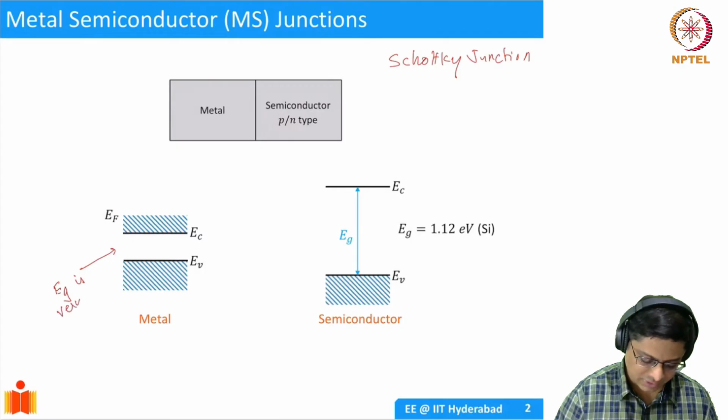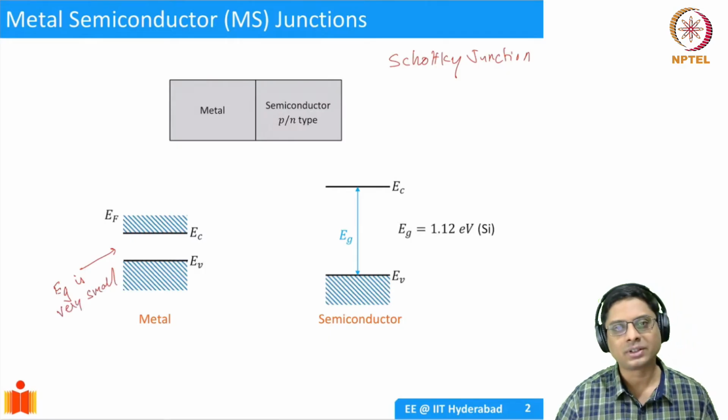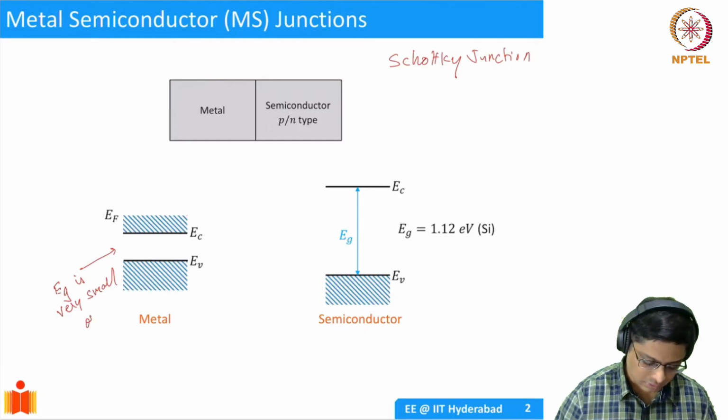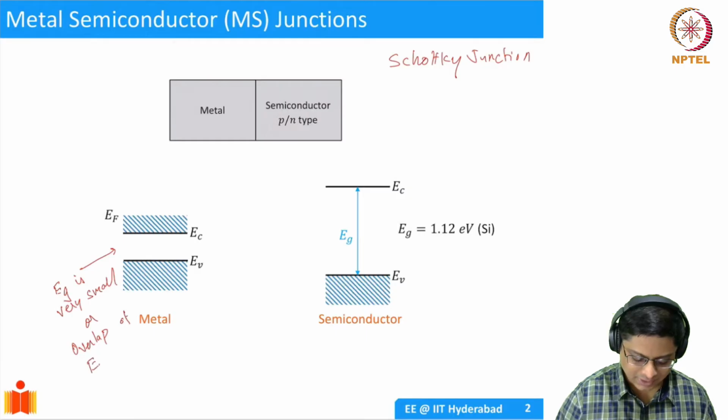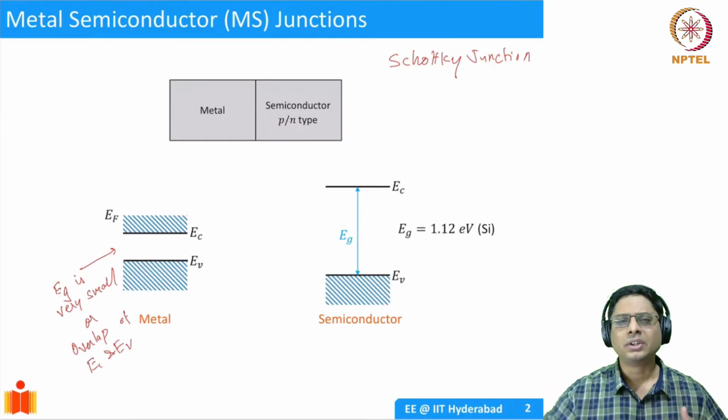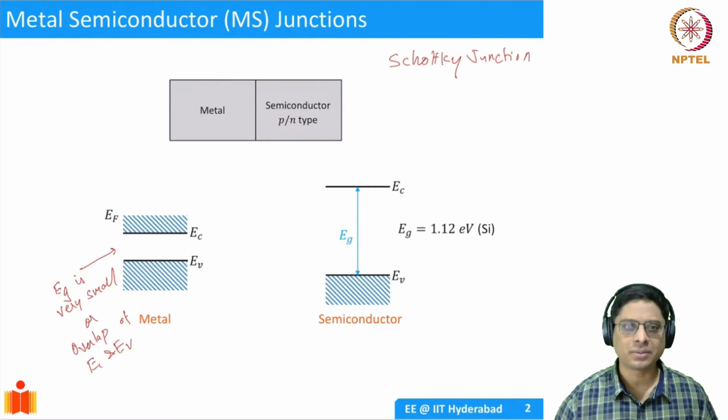This is one of the scenarios, or you could also have an overlap of EC and EV. Essentially, the conduction band comes into the valence band, so that effectively you have a large number of electrons in the conduction band, in the outermost band. That is a characteristic of a metal.